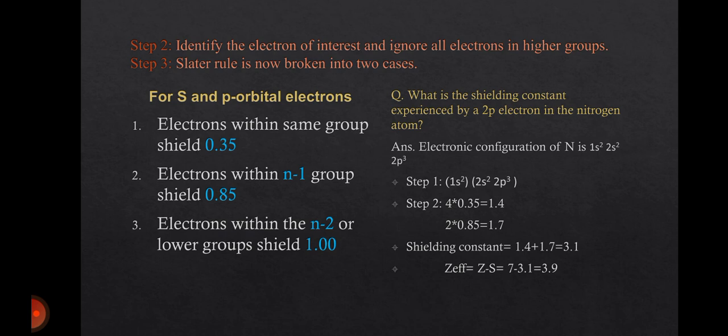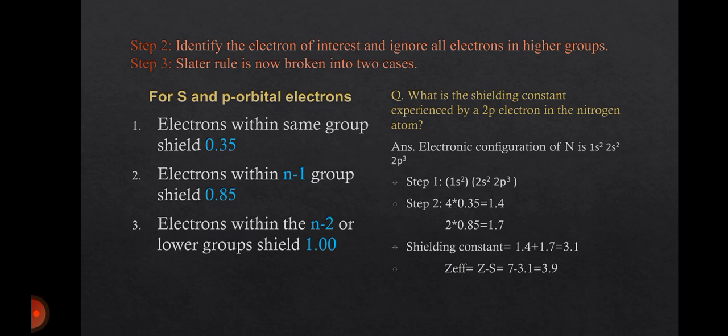We know that the atomic number of nitrogen is 7, so the electronic configuration of nitrogen is 1s2, 2s2, 2p3. Now we apply Slater's rules. The first step is to arrange the electronic configuration in groups: 1s2 in one group, 2s2 2p3 in one group.